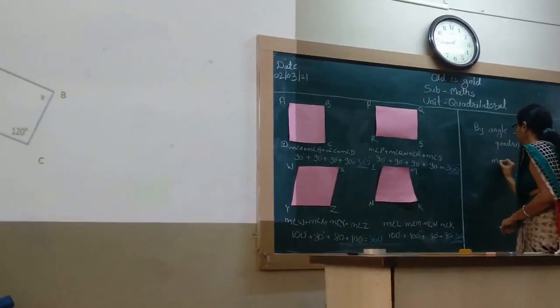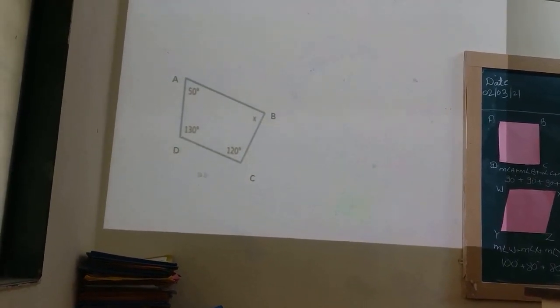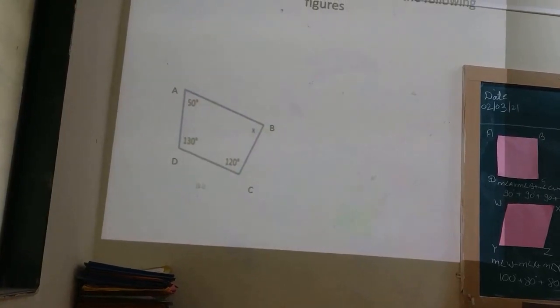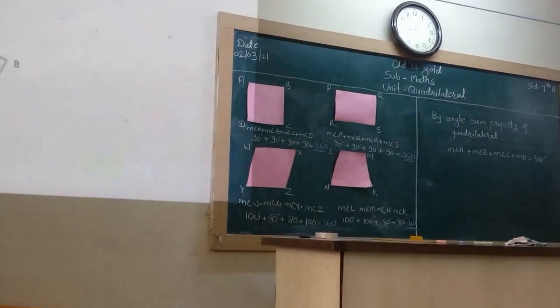Measure of angle A plus measure of angle B plus measure of angle C plus measure of angle D is equal to 360 degree, right?